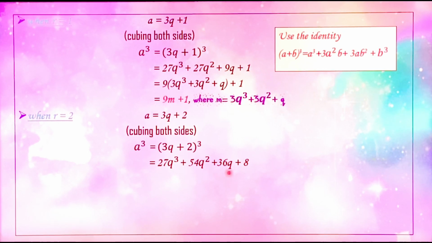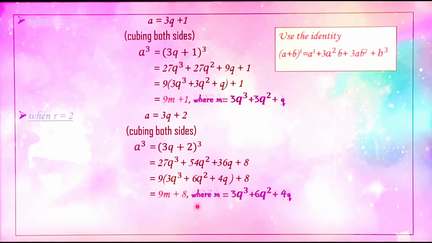Taking 9 from the first three terms, we get a cube equals 9 into (3q cube plus 6q square plus 4q) plus 8, that is 9m plus 8, where m equals 3q cube plus 6q square plus 4q.